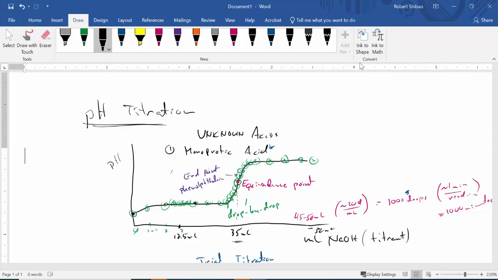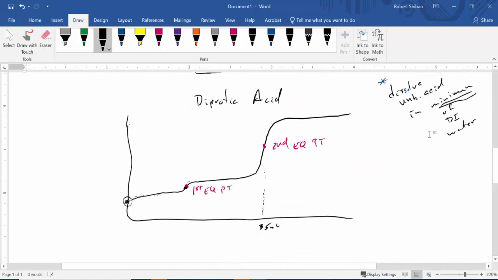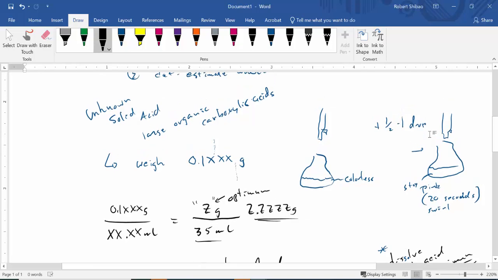When we think about relative error, the trial titration is going to have a relatively high error, potentially. It depends on how many milliliters it takes. For some people's trial titration, it only takes like 5 milliliters. If it only takes 5 milliliters versus another group's trial titration, which takes 25 milliliters, there's a huge difference in relative error.